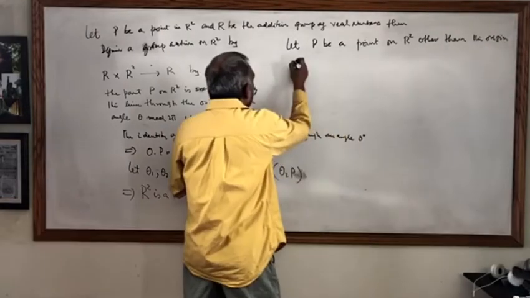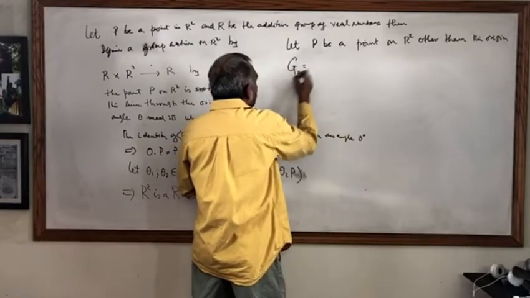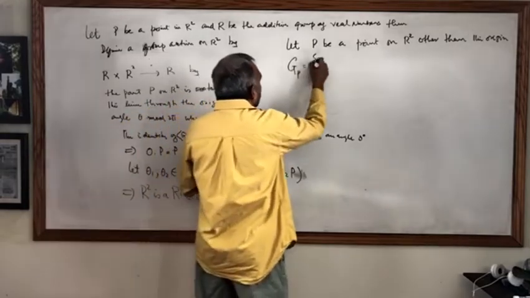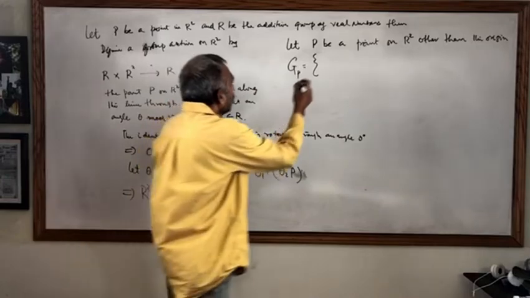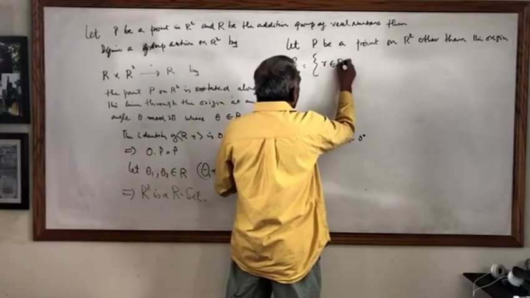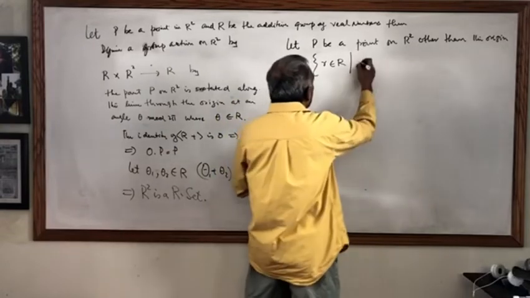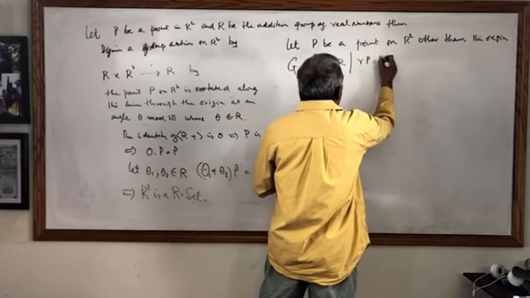Then what is GP? Isotropy group containing the point P: elements from R such that Rp is equal to P.